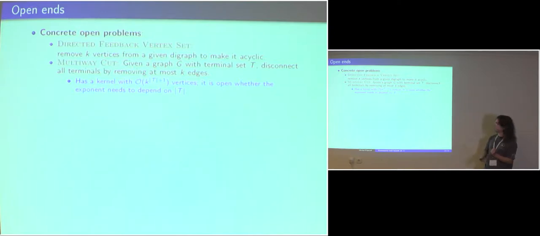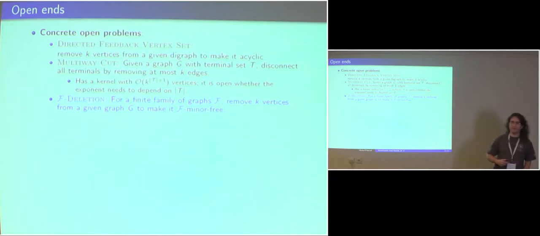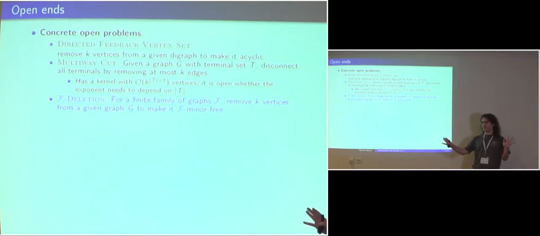Good. Another open problem from sort of a different family is this F-deletion problem, where you've got a finite family of graphs. This is like a minor hitting problem. These are forbidden minors that you would like to avoid. Say, avoiding K3,3 and K5, the Kuratowski graphs, means trying to make your graph planar.